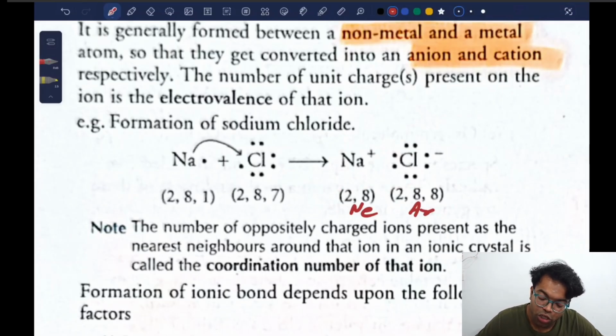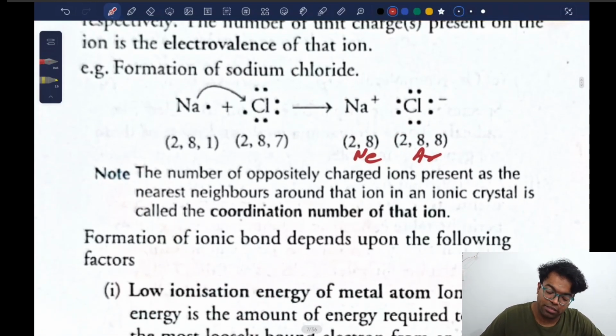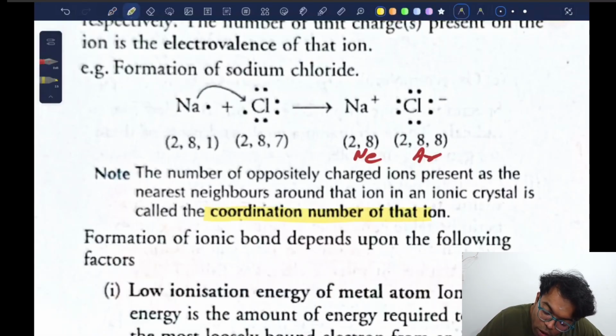The number of opposite charges present as the nearest neighbors around that ion in an ionic crystal is called the coordination number of that ion. Formation of ionic bond depends on the following factors. Now, what is the coordination number, Drupad? Okay, let us look at what the coordination number is.